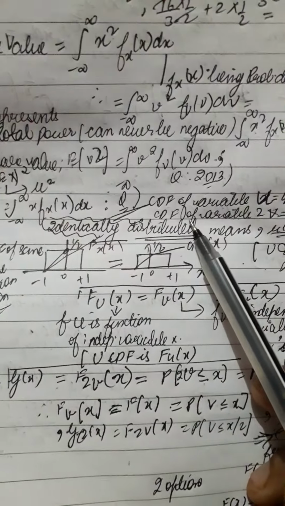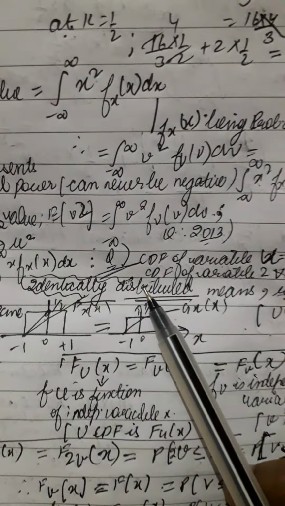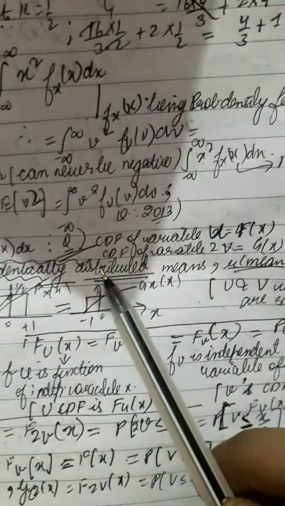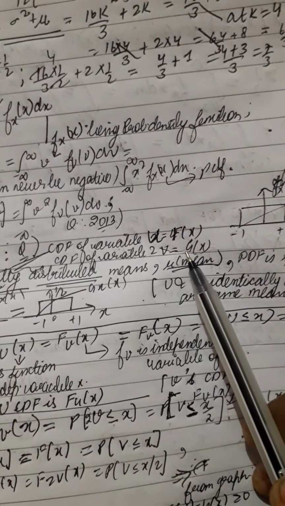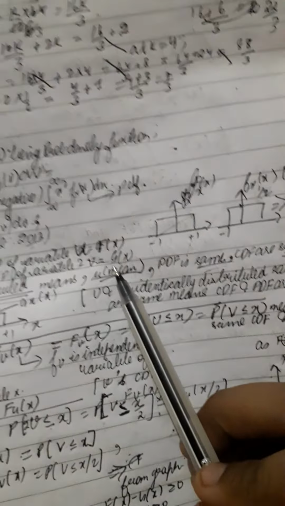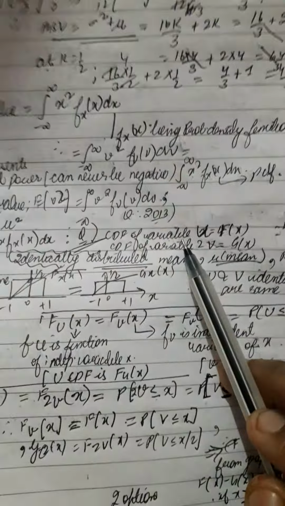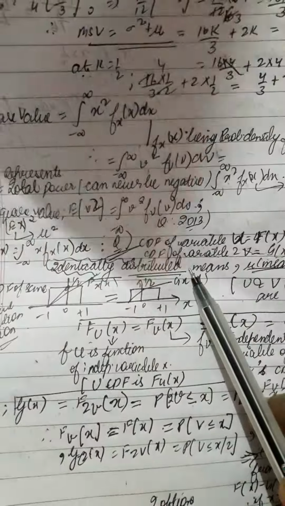Identically distributed random variables. What is meant by identically distributed? Identically distributed means nothing but that the mean will be equal, and the PDF of both will be the same. As the PDF is not given over here, but the CDF is given, we will talk in terms of CDF only.